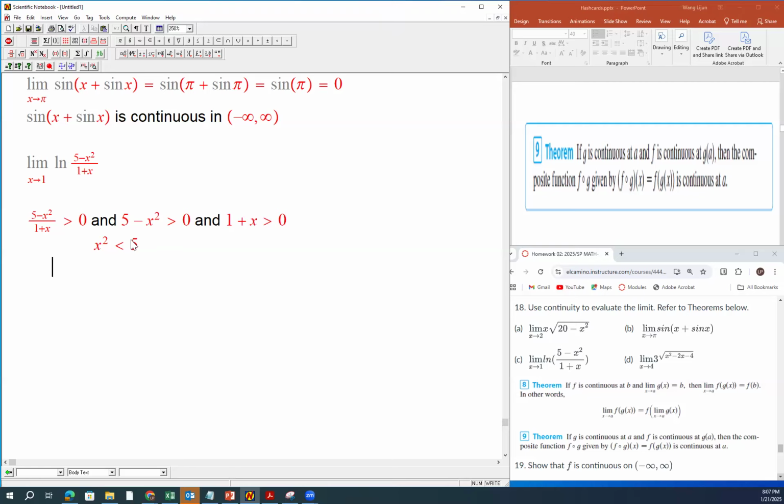And then we'll take the square root on both sides, and we will end up with the absolute value of x less than root 5. So x between negative root 5 and positive root 5, right?